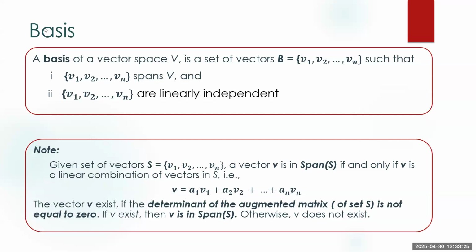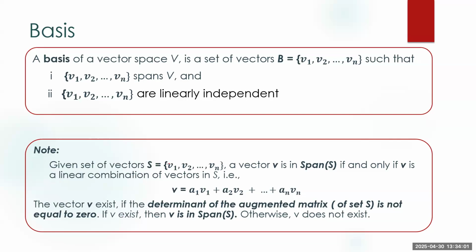Suppose we are given a set of vectors S. A vector V is in span S if and only if V is a linear combination of the vectors in S. That is, the vector V can be expressed as a linear combination of this set of vectors.